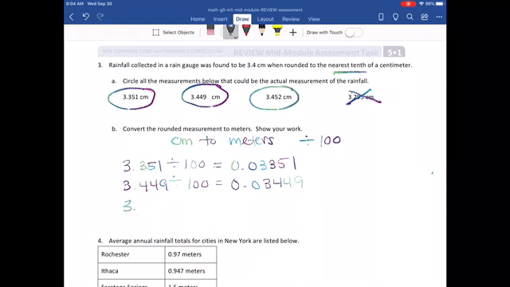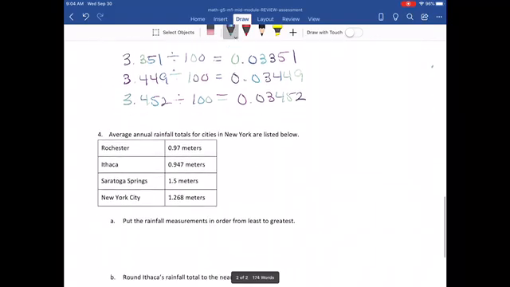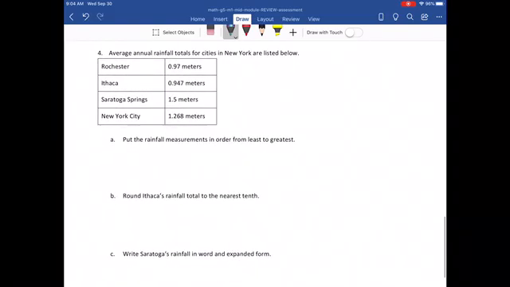Again, you can use your place value chart if you need to. I'm just shifting in my head. Now I'm dividing this one by 100, 0.03452. So you should have shifted all of these 2 places to the right. You're just shifting the numbers on your place value chart.